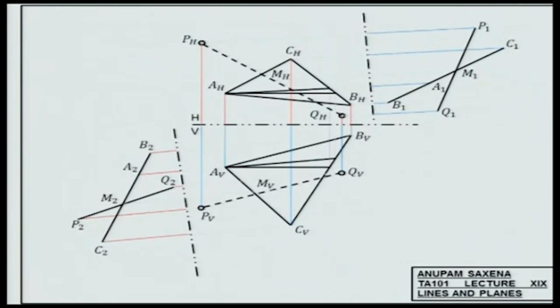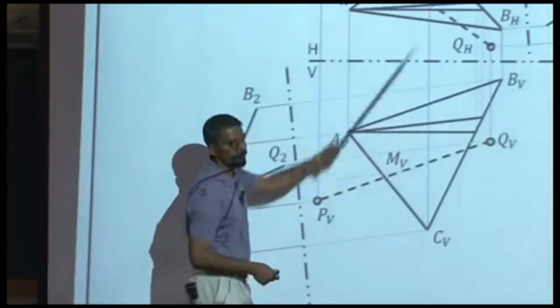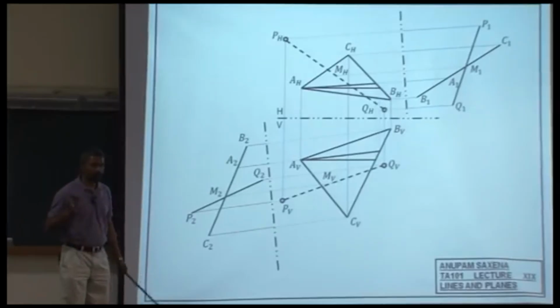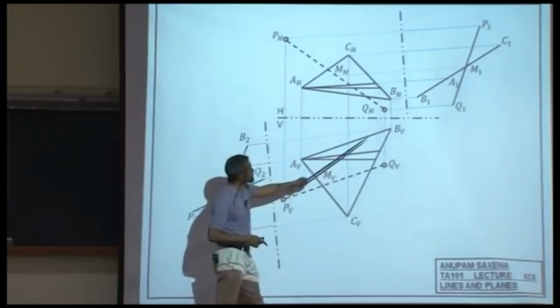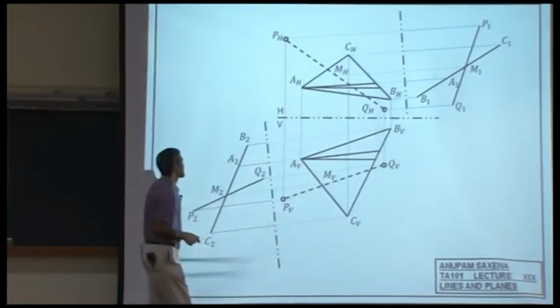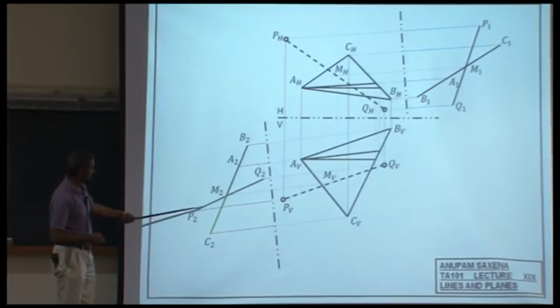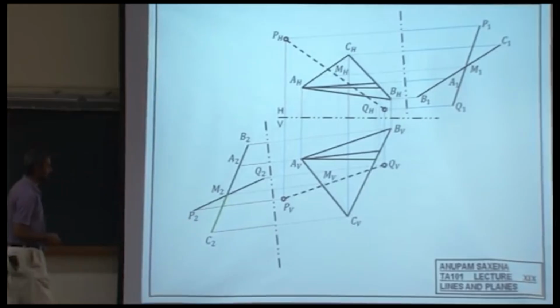Now, if you don't want to follow the projection method to figure out the visibility of PQ, you can simply use the auxiliary views. Figure out whether the line is closer to this hinged line or the plane is closer to the hinged line.